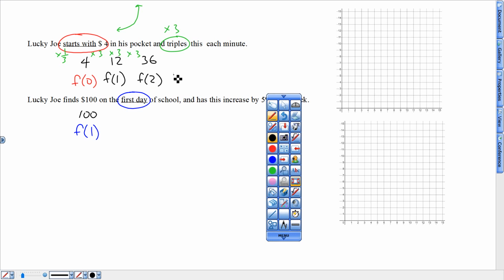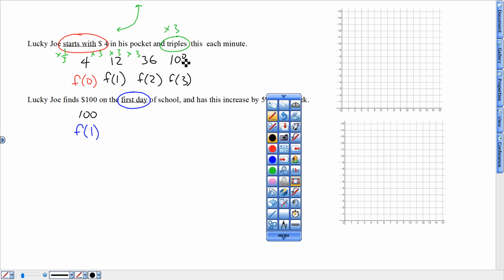That third term, 36 times 3. And again, at this point, I'm not going to take a chance. I'm going to use my calculator. Gives me 108.